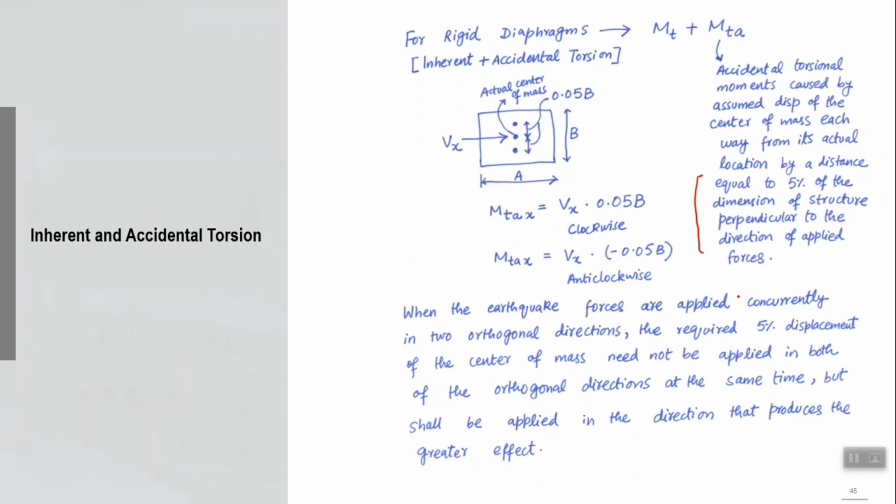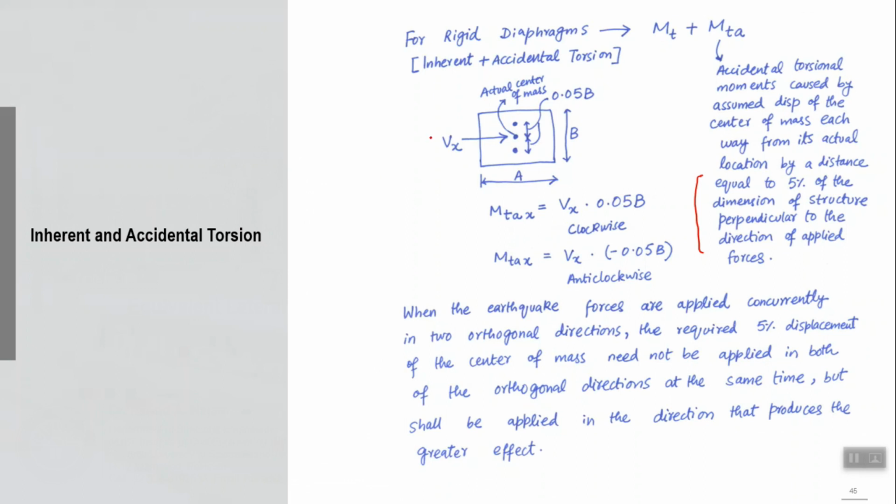So even if the center of mass and center of rigidity are exactly the same point, a perfectly regular building, in that case the inherent torsion will theoretically be 0, but still you need to consider accidental torsion, and that is why the code provides an eccentricity of 5%, 5% of the dimension of the diaphragm in the perpendicular direction of the applied loading.